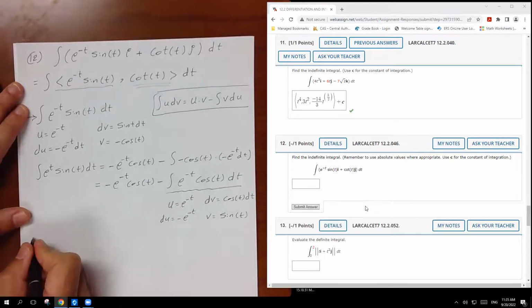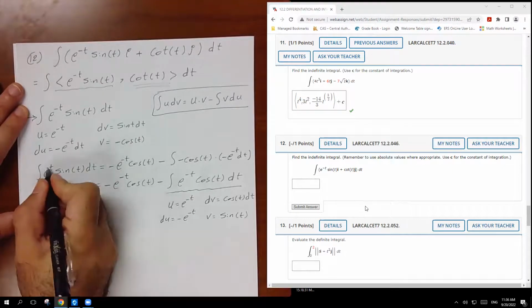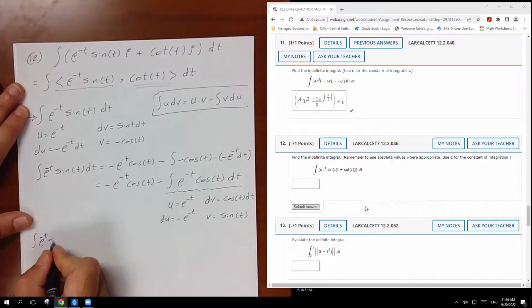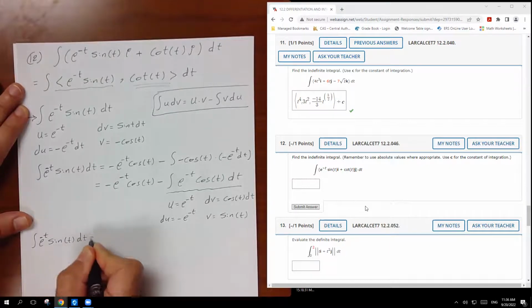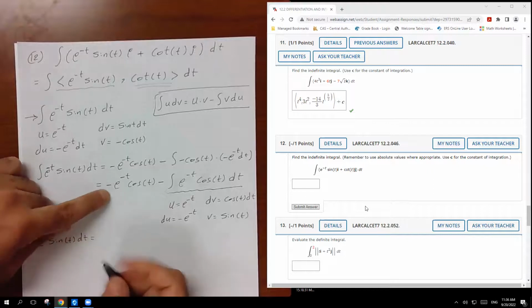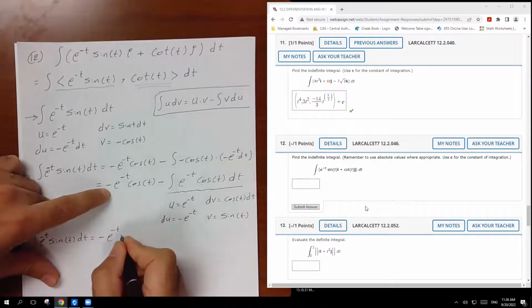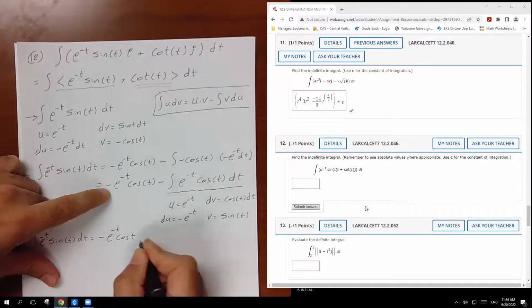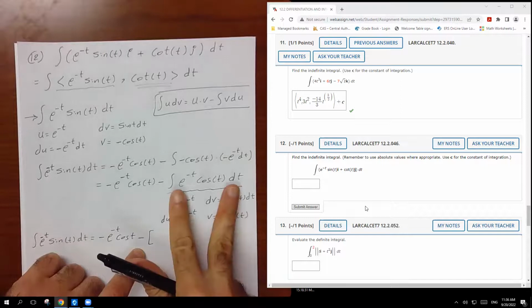So the integral of e to the negative t sine t dt is going to be equal negative e to the negative t cosine t minus, I'm going to do the integral by parts here.